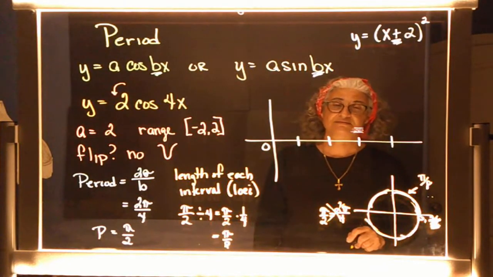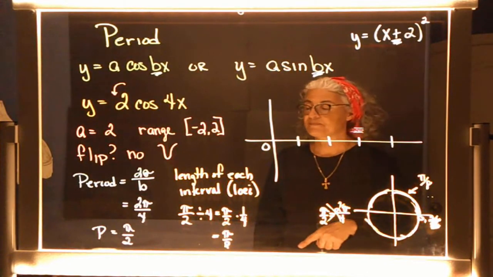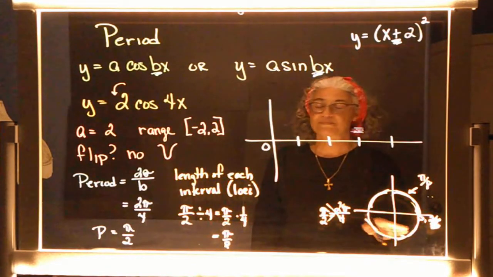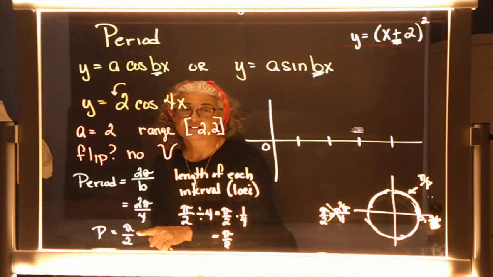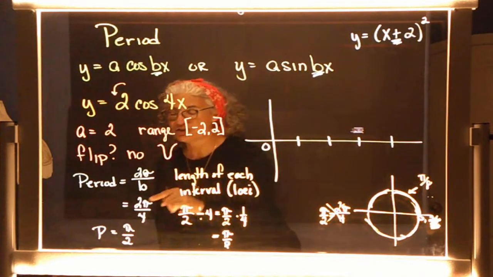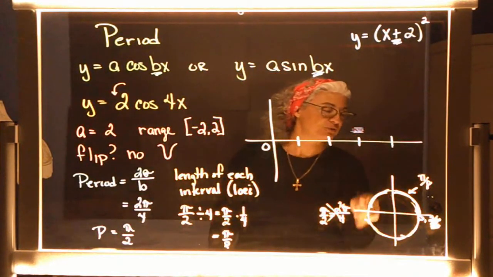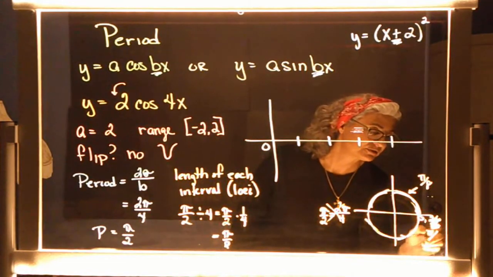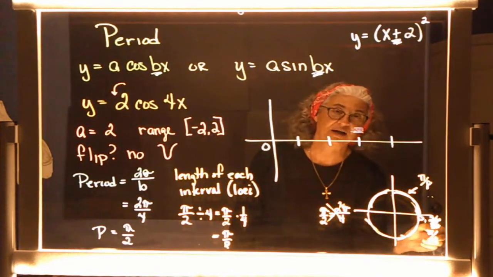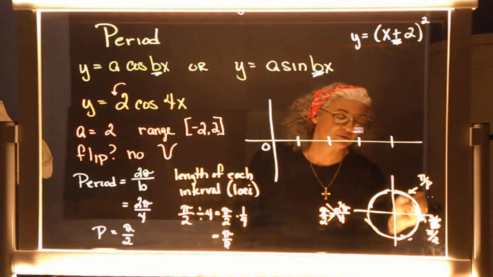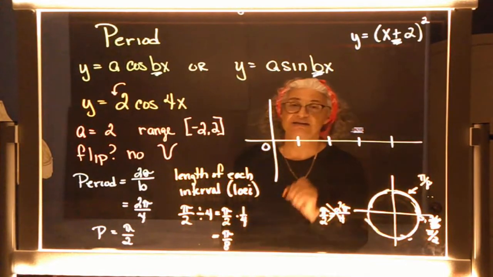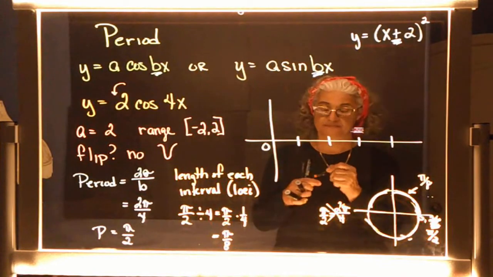Got it? Let me recap. Since a circle has 4 quadrants, the new length of 1 full rotation around the circle, in this case, was pi over 2. And you had to take pi over 2 and divide it into 4 quadrants, which told you each quadrant had a length of pi over 8.